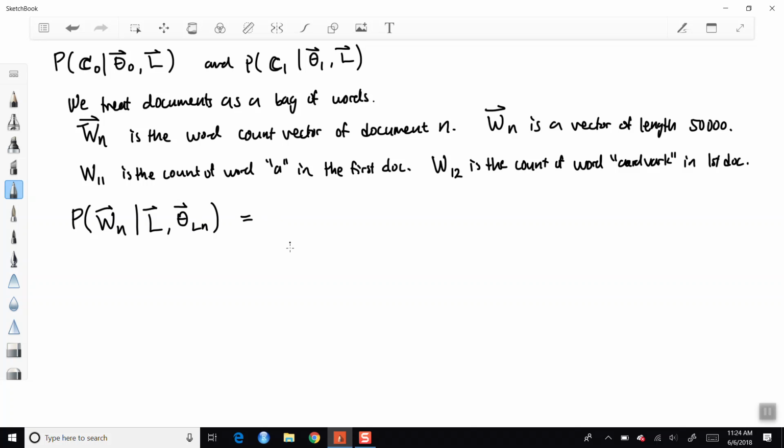The likelihood is going to be the probability of the word, theta sub i, raised to the number of times that word appears in document Wn.